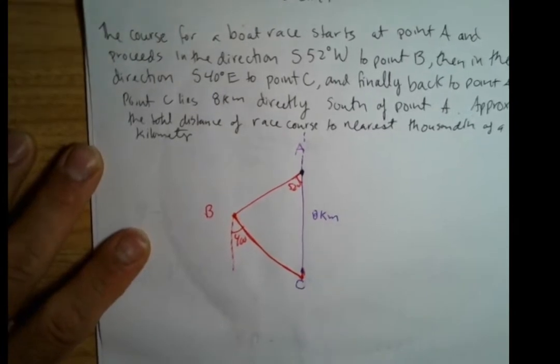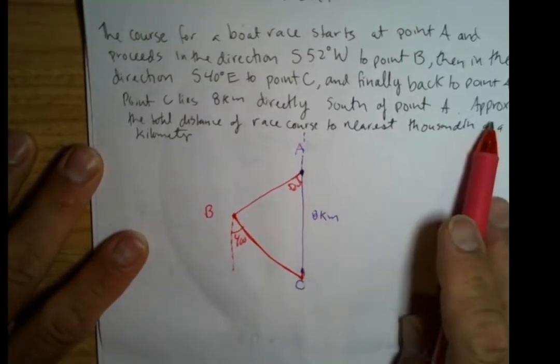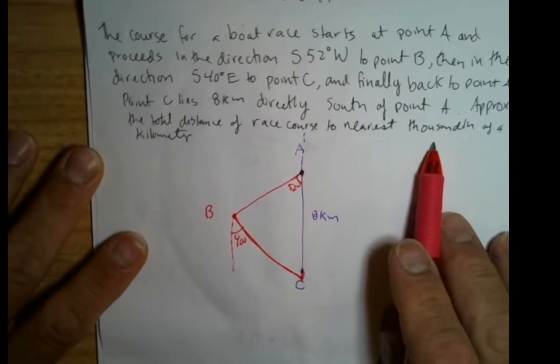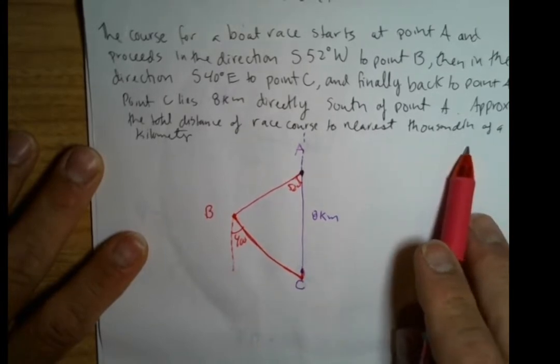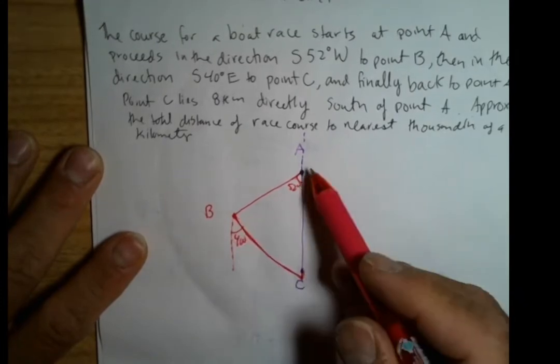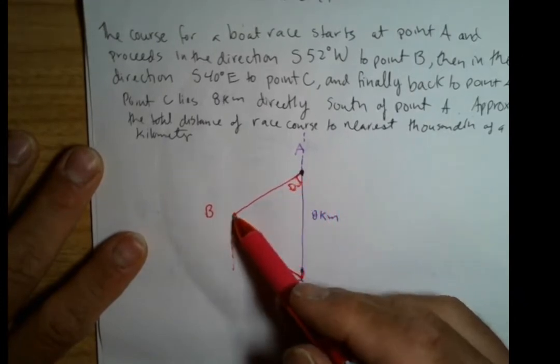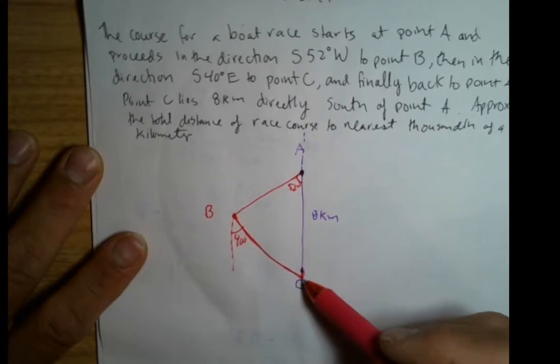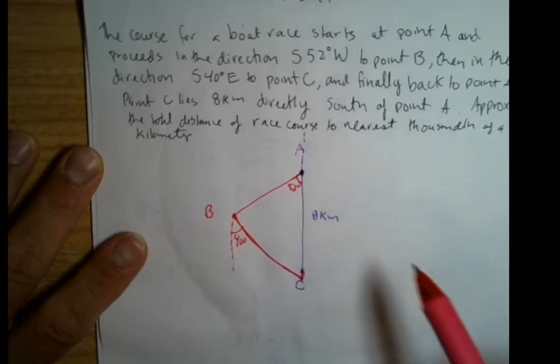So we have this setup here, and they asked to approximate the total distance of the race course to the nearest thousandth of a kilometer. Well, I know one distance, right? The distance would be essentially the perimeter of this triangle. This length added to this length added to this length.